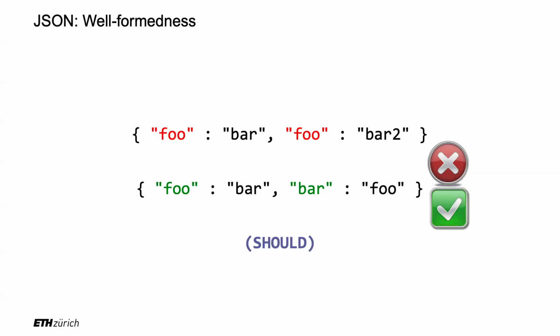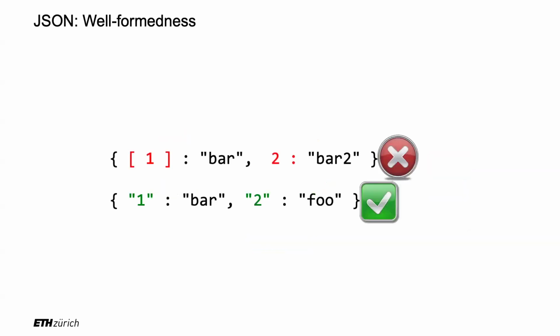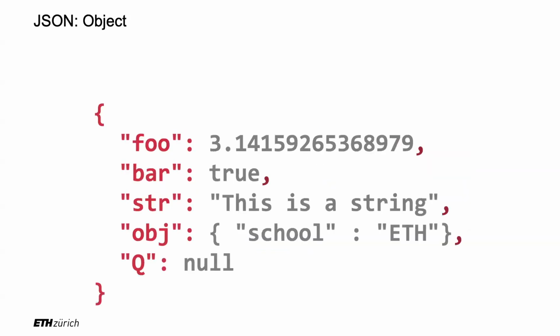So the idea is that an array is an ordered list and an object is a record. So typically, you would use an array of objects. Let me put it that way. An array of objects gives you a nested table, right? An object allows you to associate keys with values.